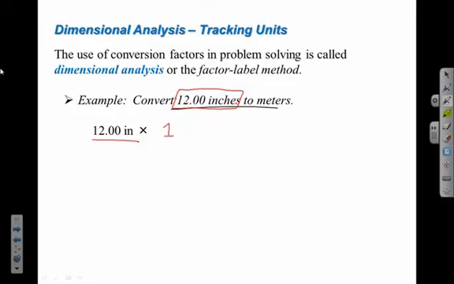So I'm not changing the amount, I'm just changing the units. So if I want to multiply that by 1, I can multiply that by any factor where the thing on top is equal to the thing on bottom. So if I want to do that, I want to cancel the inches, and I want to get meters.